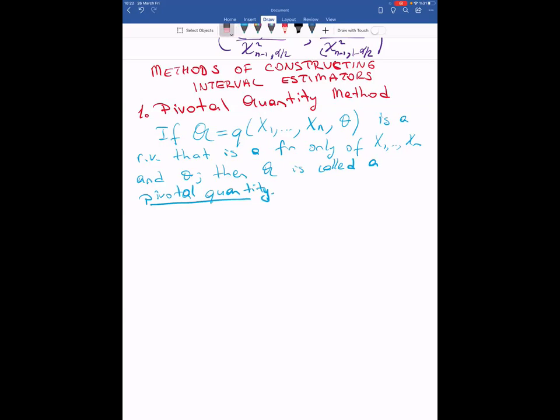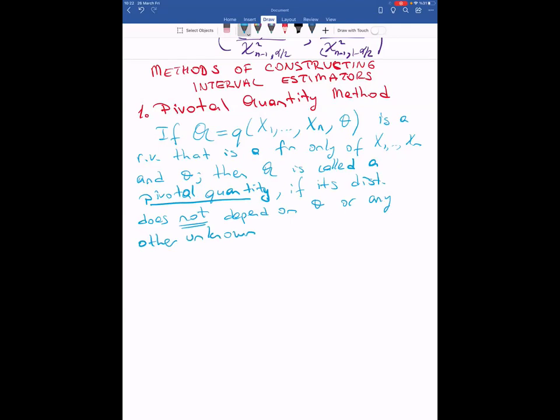And I forgot to add one more property. It should be a function of sample random variables and parameters, and its distribution should be independent of theta. So if its distribution does not depend on theta or any other unknown parameters, then it qualifies.